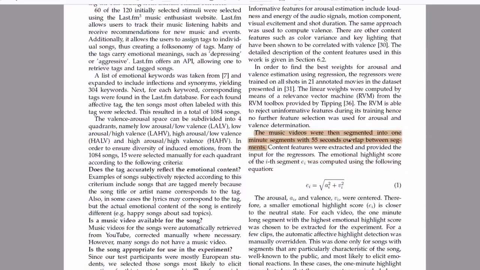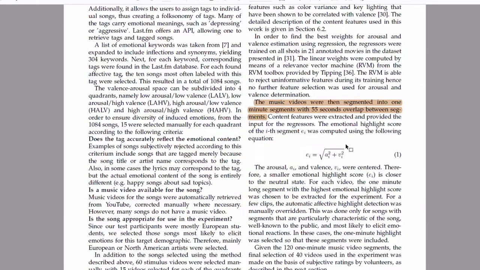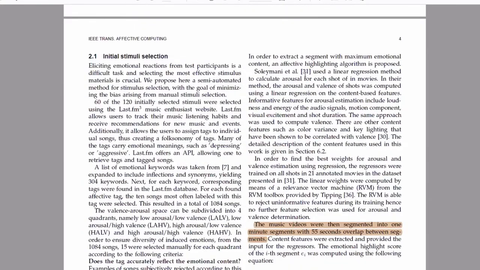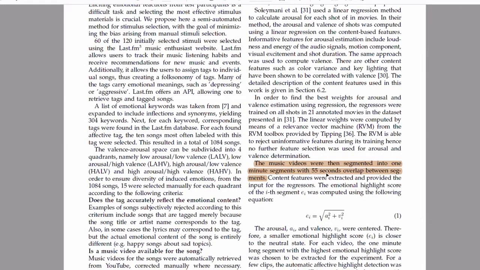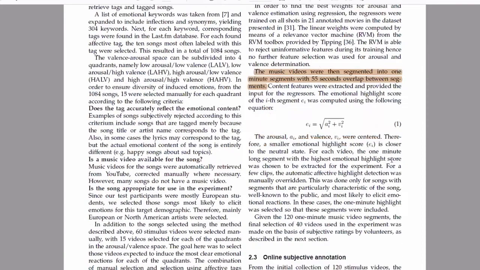As I said, they use the music videos from YouTube, and they used a quite simple linear regression method to highlight the part where they think is most likely to stimulate the participants' emotion. To make it constant, they used 50 seconds of music video.